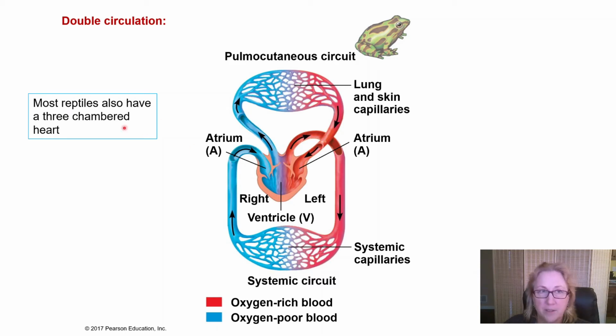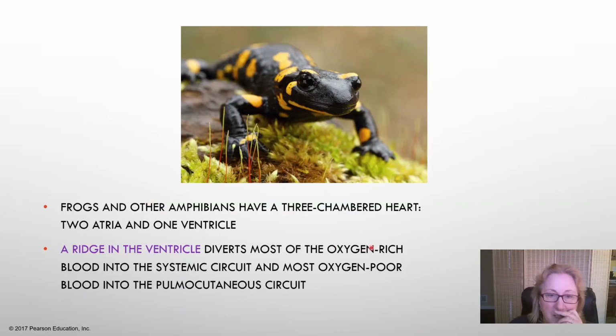And reptiles have this kind of 3-chambered heart as well. So they do have this ridge in the ventricle that mostly keeps the blood separate. It doesn't completely mix in the ventricle, but it's an inefficient system.